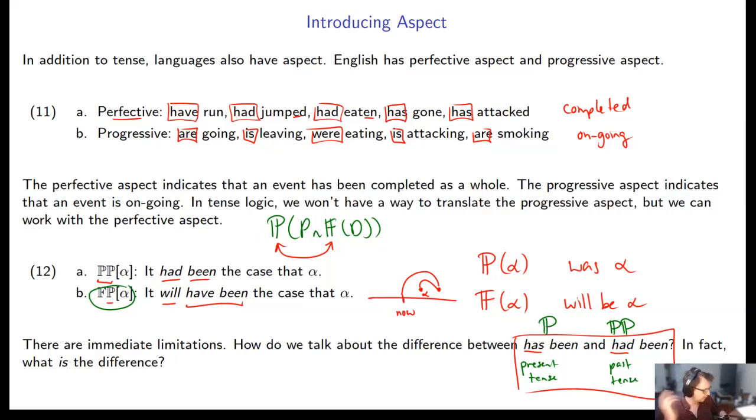So has been would just be a past. But then how is this any different than just the simple past?